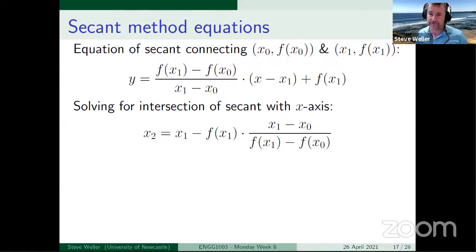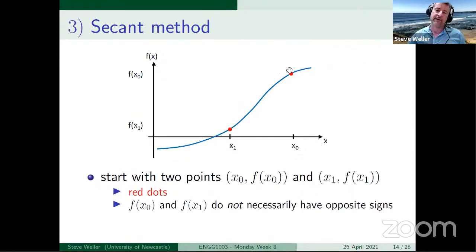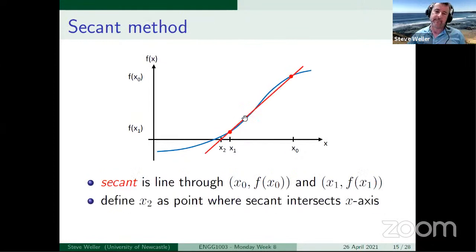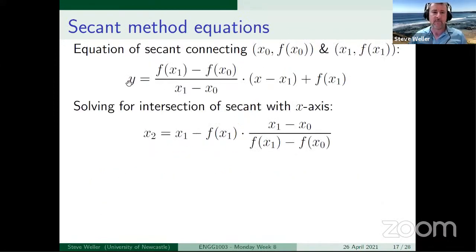So the equation of the straight line connecting the points x0, f of x0 and x1, f of x1, that's the equation of the straight line between these 2 red dots. That red straight line has this equation, y equals this expression times x minus x1 plus f of x1. Takes about half a page of algebra, but it's not hard in itself.